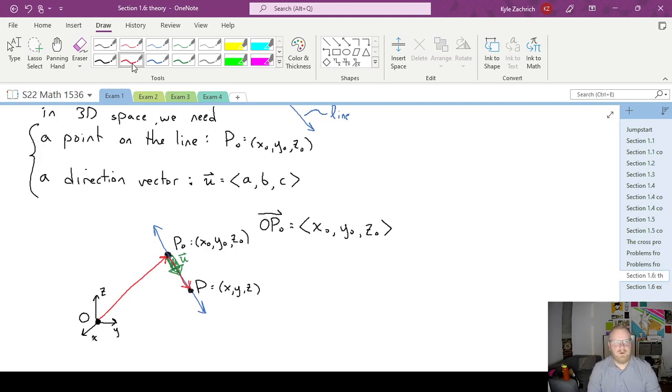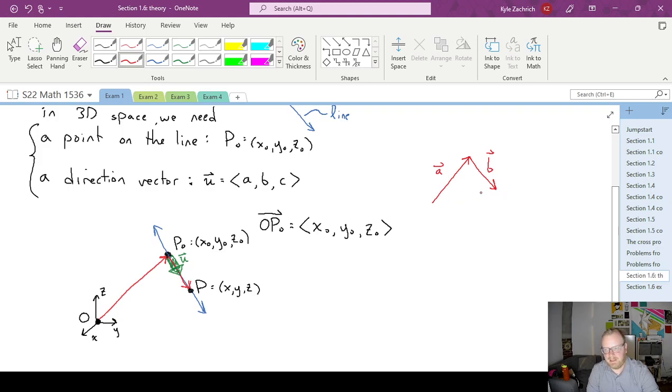All right. So remember when we add vectors, vector A plus vector B visually looks like this, right?